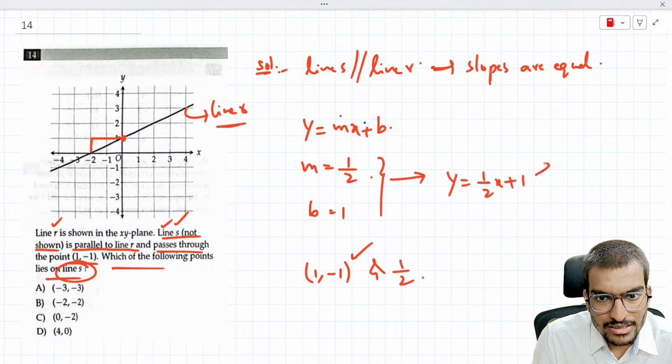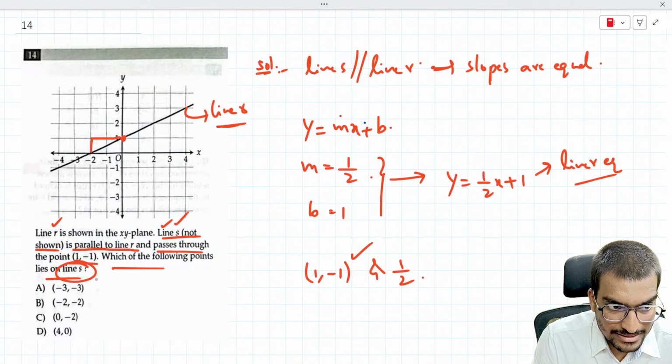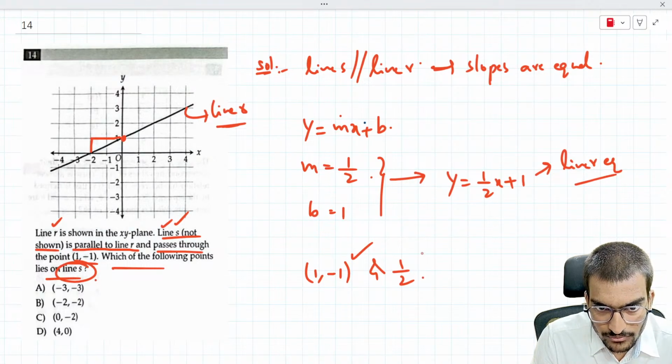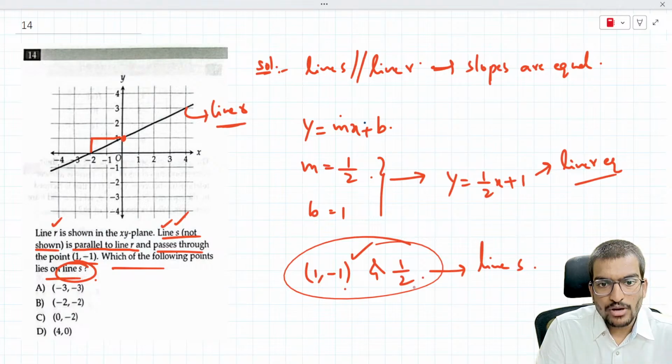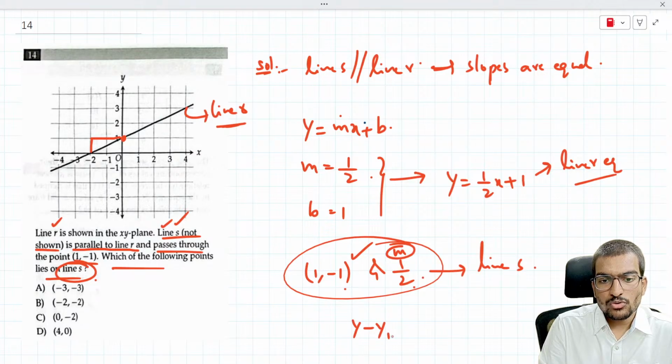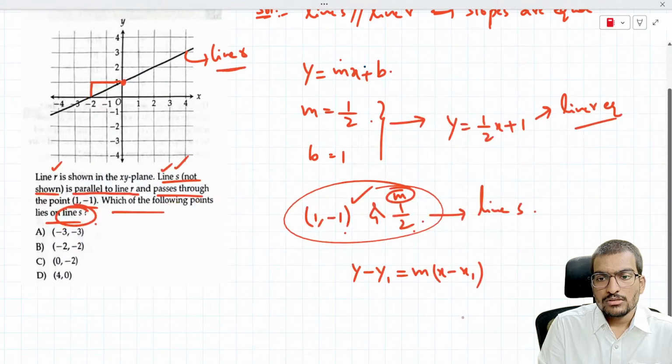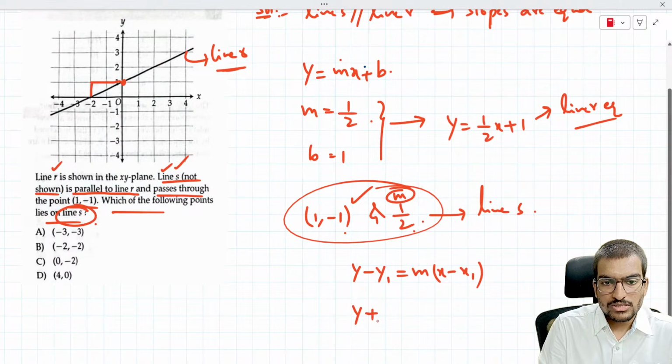If we have a point and slope, we use the point-slope form: y minus y1 equals m into x minus x1. So y minus y1, which is y plus 1, equals 1 by 2, x minus 1.